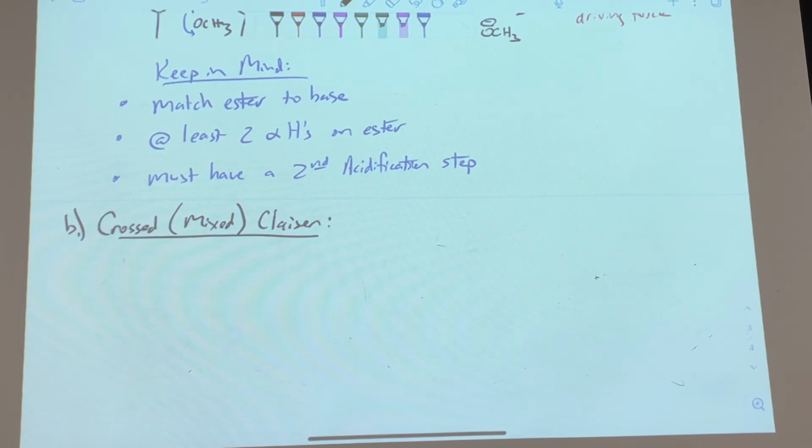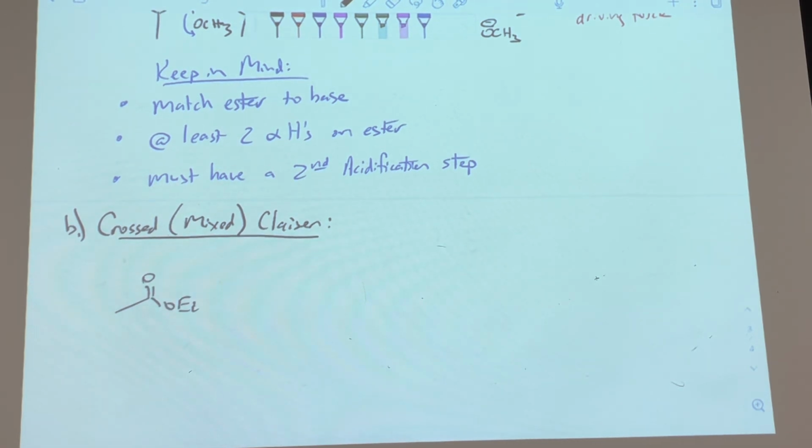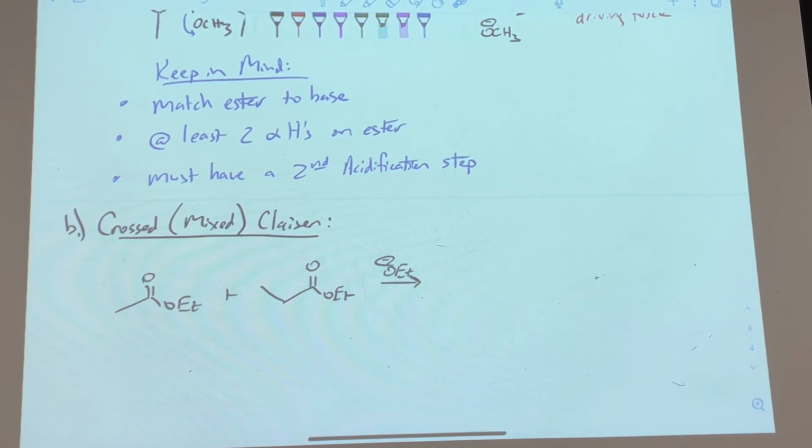It would not be a great way of doing this reaction if you were trying to use two different esters, because in a situation like this, both of these can enolize.